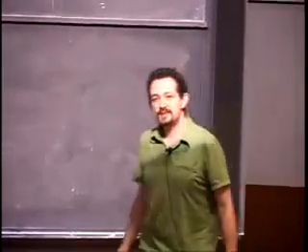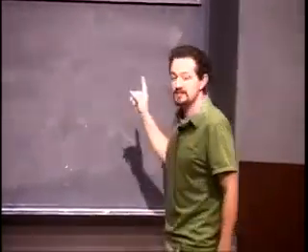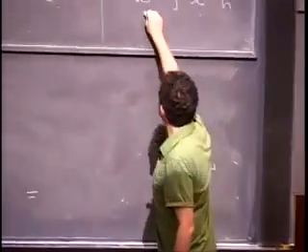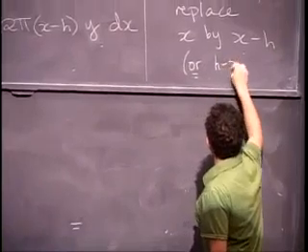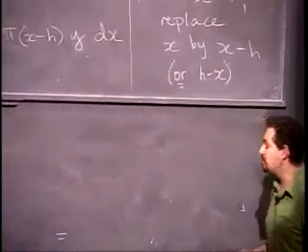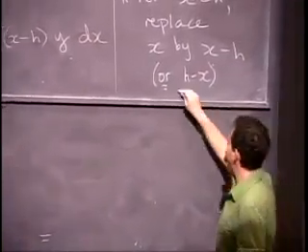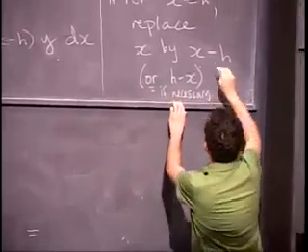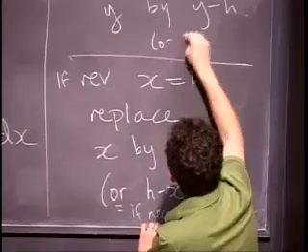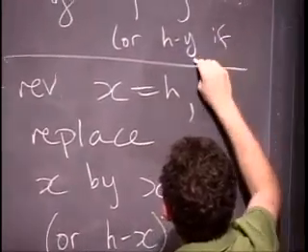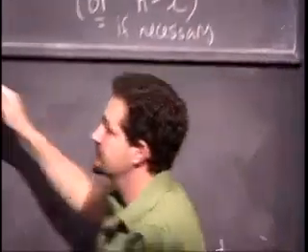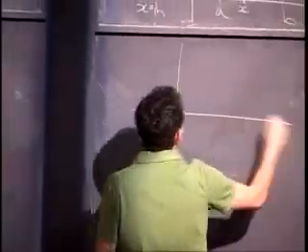Now, there is one important exception to what I've just said, and that is this. I should have really written or h minus x if necessary. And similarly up here, or h minus y if necessary. When might this be necessary? Well, suppose, for example, in this case, the axis is actually to the right of the figure.